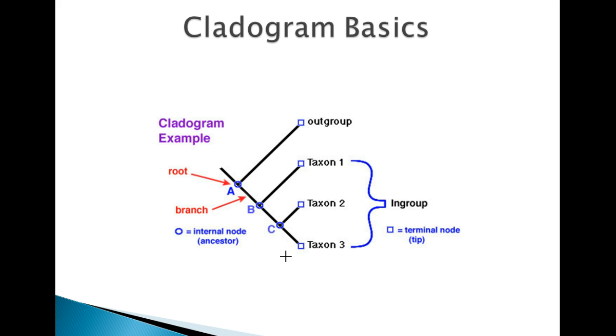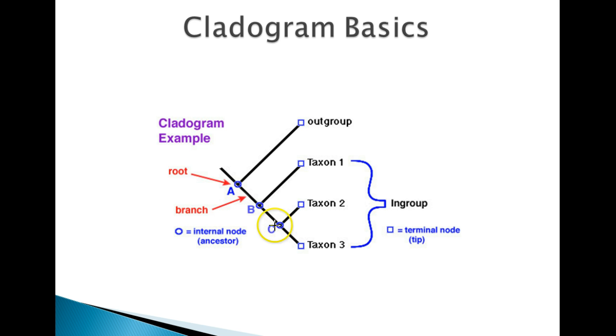Let's give an example. For example, the clade that includes both taxon 2 and taxon 3. Here's taxon 2, and here's taxon 3. The clade that includes both taxon 2 and taxon 3 is hypothesized, in this diagram, to include their shared ancestor, which is technically an interbreeding population of organisms at internal node C, right here.